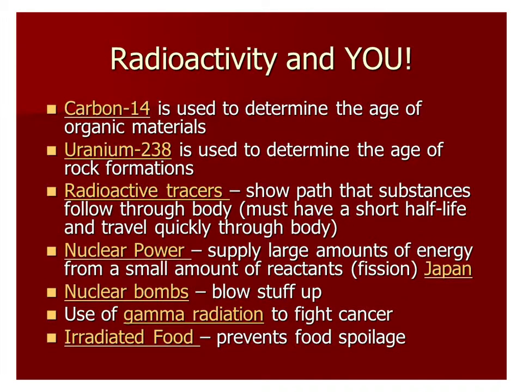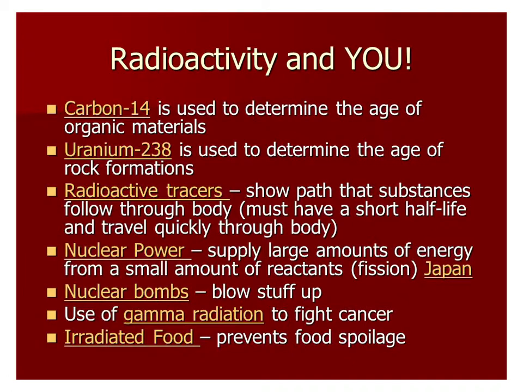There are a lot of aspects of radioactivity that you deal with every day of your life, some good, some bad, but a lot of it has been used to better mankind. Carbon-14 is used to date the age of organic materials, so a lot of archaeology and anthropology use this. Uranium-238 is used to determine the age of rock formations, back into the study of earth science.